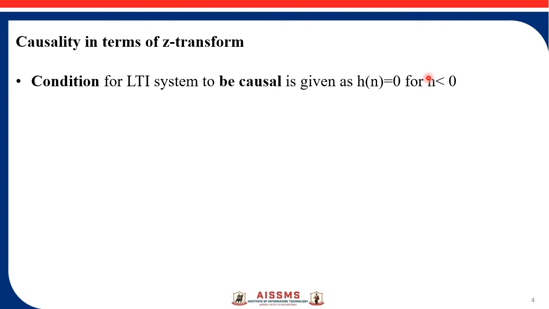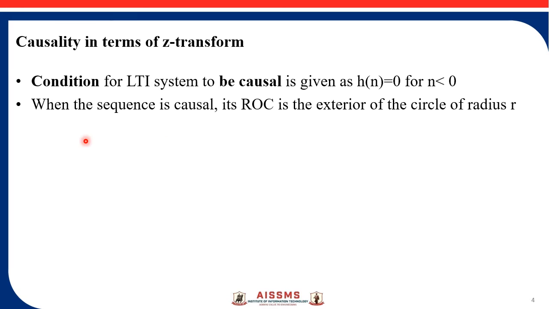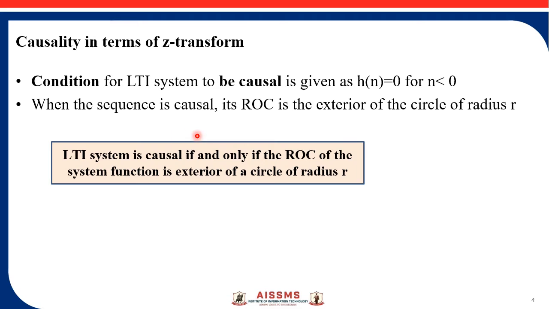That means for the negative values of n, on the negative axis of the sample numbers n, h of n should be 0. Then the system is causal. When the sequence is causal, its ROC is the exterior of the circle of radius r. So an LTI system is causal if and only if the ROC of the system function is the exterior of a circle of radius r.